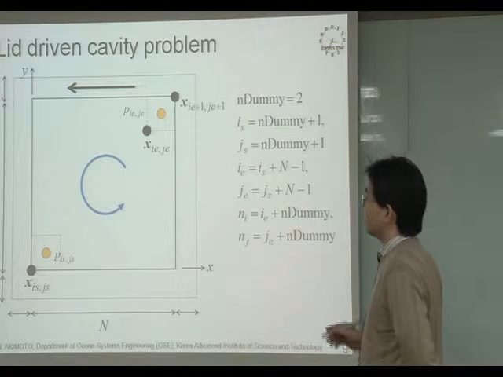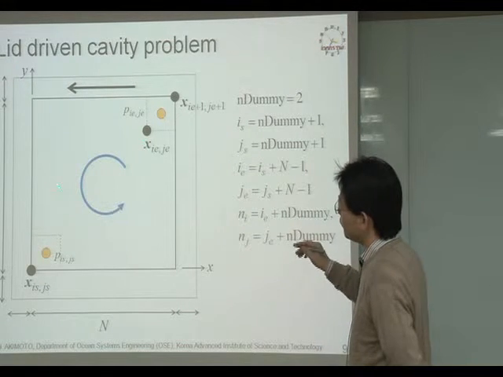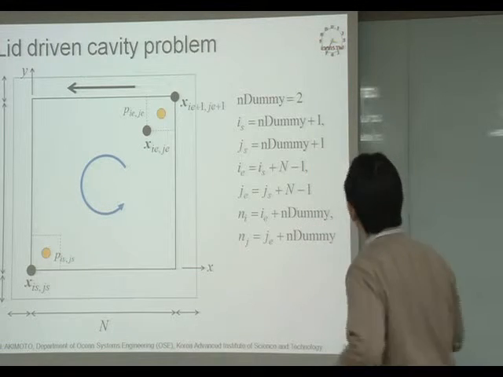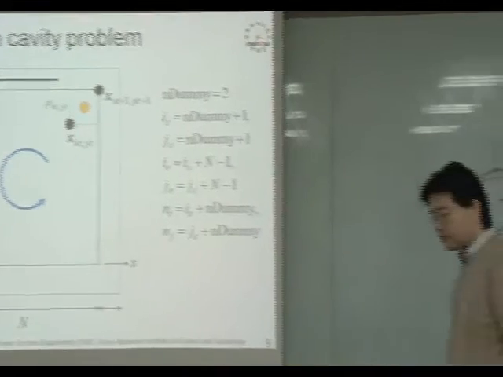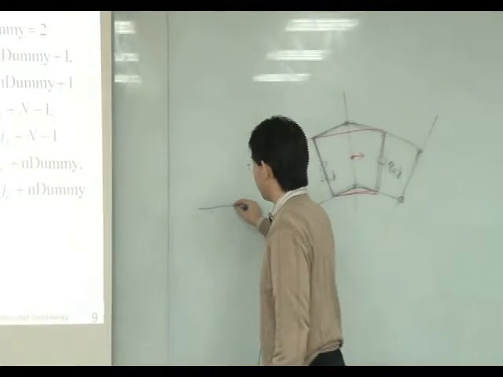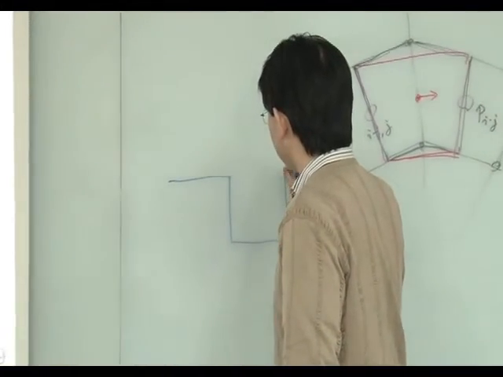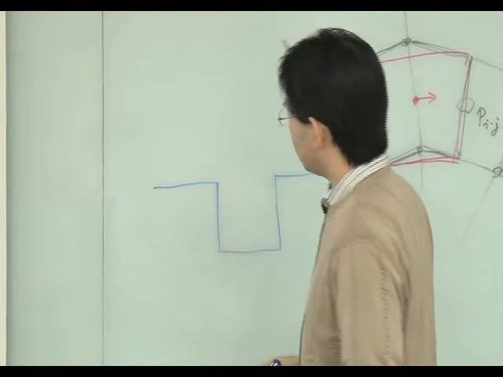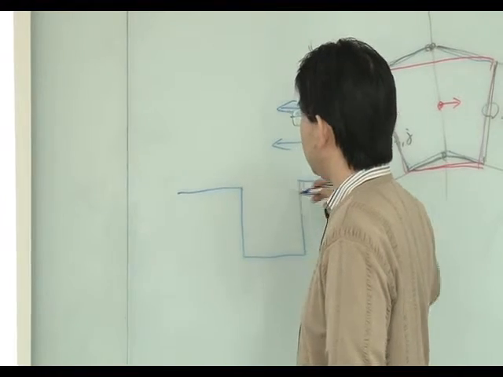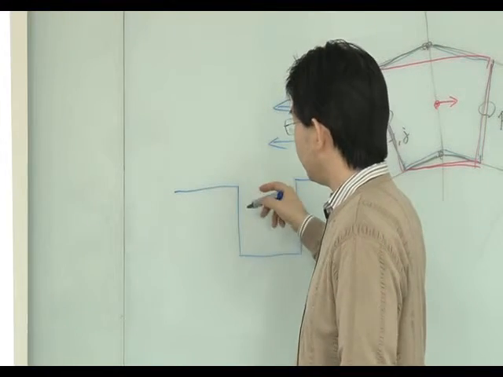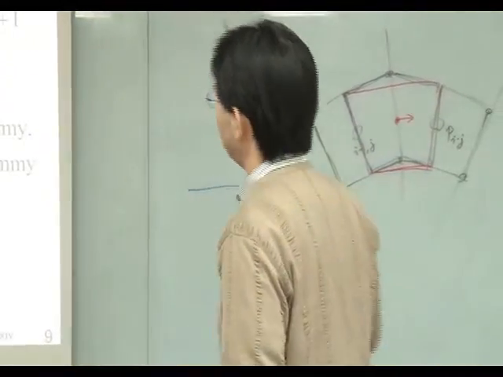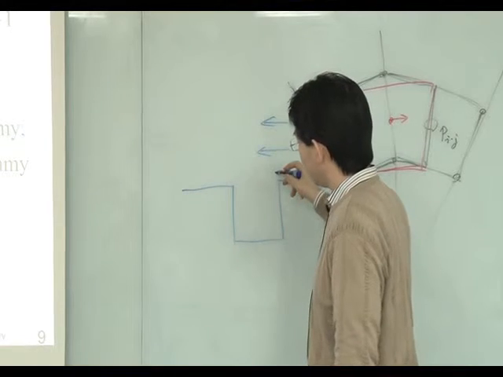And the expected flow pattern is like this. It will be a rotating flow pattern in the cavity. So the image of this one is like this. There is a flow on the wall, and there is a square hole on the wall like this.